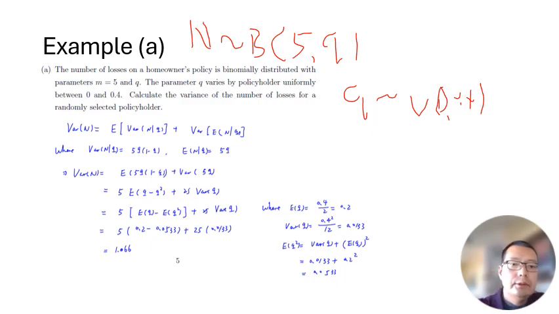With this, first we can calculate the expected value of q, because this is the easier part. Then we apply the variance formula for this mixture.